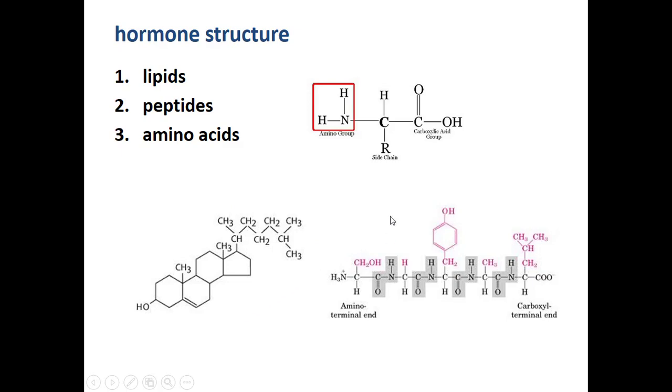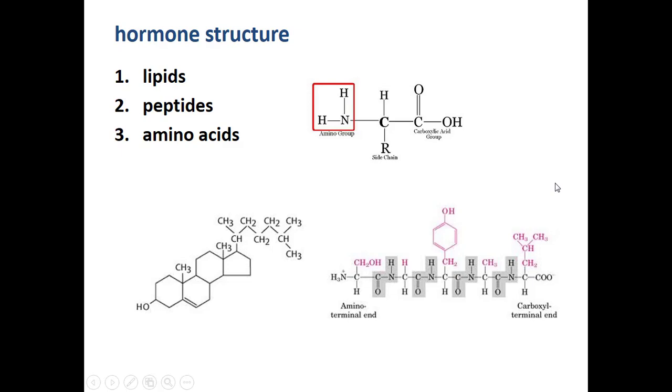The peptide hormones are short chains of amino acids, and one of them is shown here. These hormones are among the most common group of hormones, the peptide hormones. And then modified amino acids, one amino acid is shown here, represent the 3rd structural category of hormones.